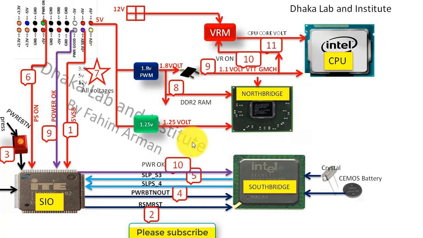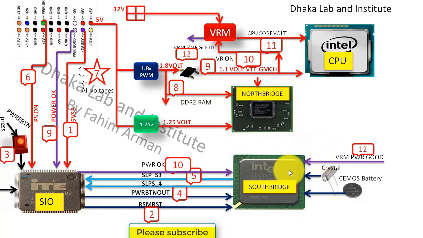Then the VRM section will provide the CPU core voltage after having power and signal. The CPU core voltage enters the CPU, and when the CPU gets the power, the CPU will provide VRM power good, and it will also enter VRM power good to the South Bridge.